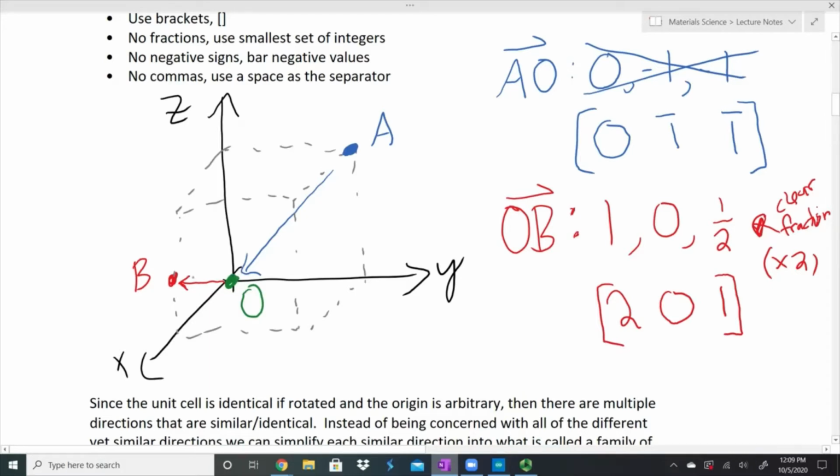Going from the origin to B, we've gone from one point in one direction. It doesn't necessarily even have to be the x direction. In a particular direction, we have gone 2 forward for every 0 that we've gone in a second direction, and 1 in that third direction. So it really doesn't matter which one we pick.